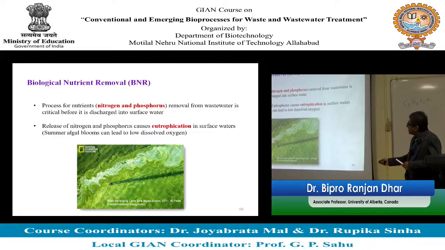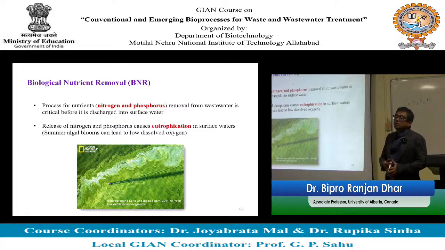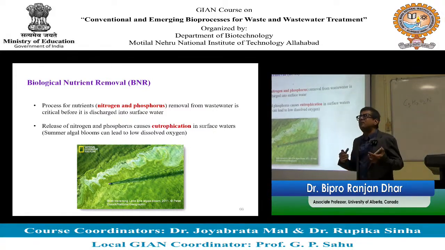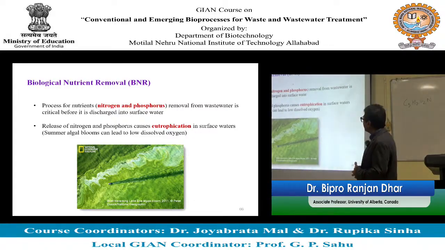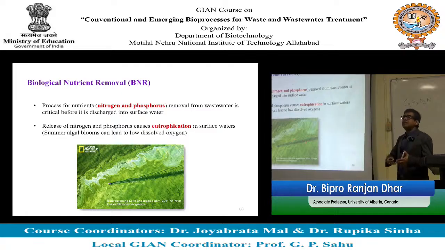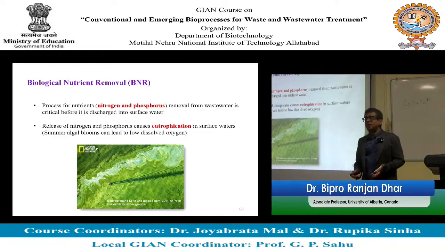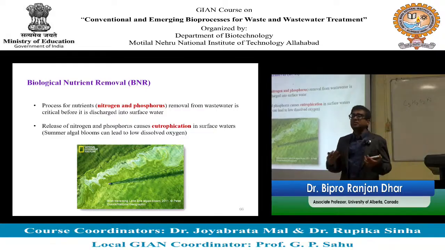This is the picture that I was mentioning yesterday from National Geographic. It's from Lake Erie in North America, I think the 4th largest lake in North America. In the early 2000s, they found that every summer there was a significant algae bloom, which was a major problem.